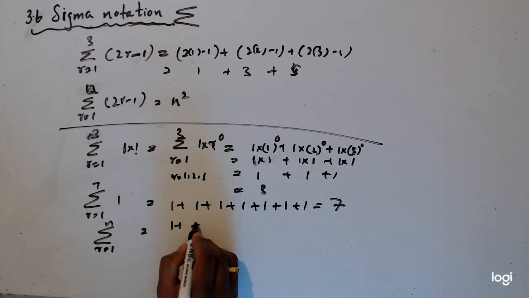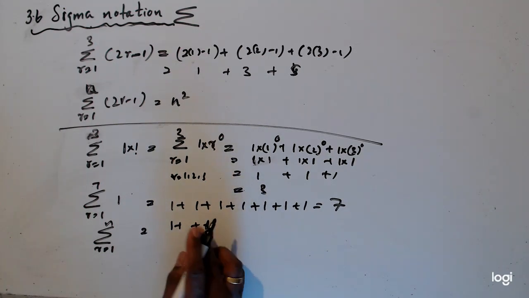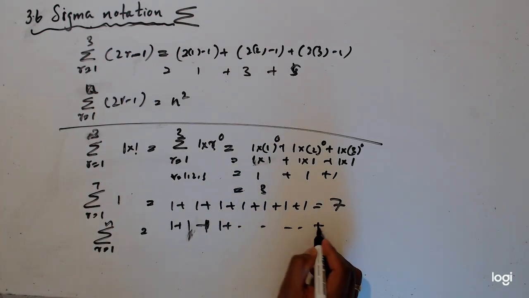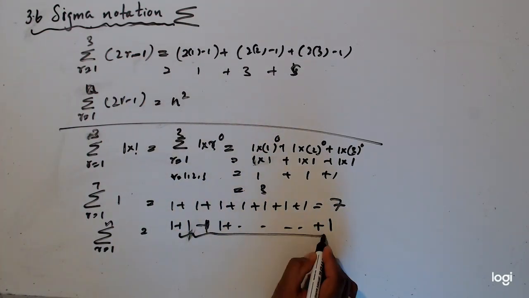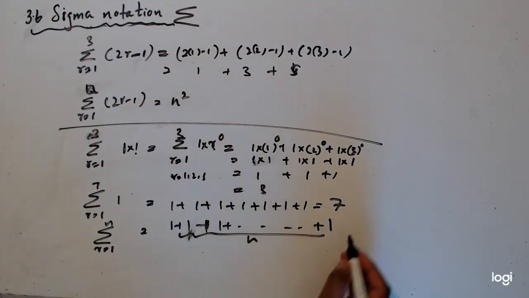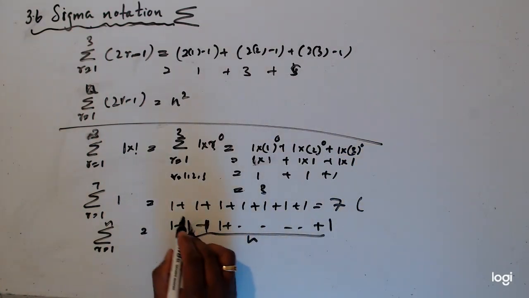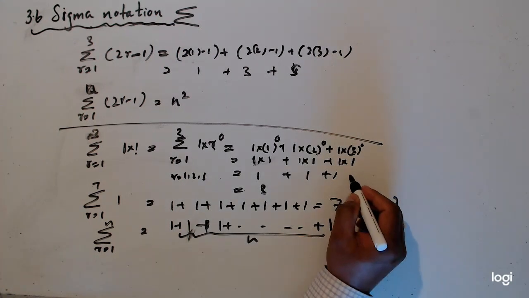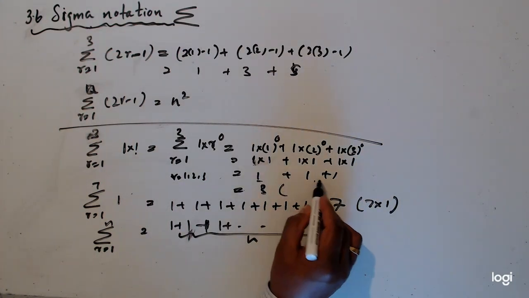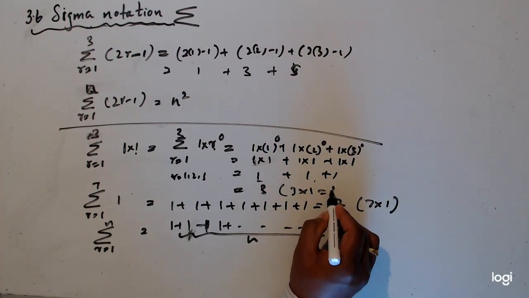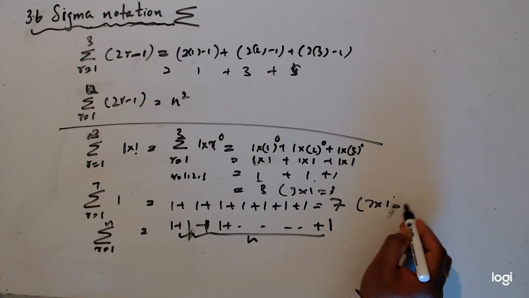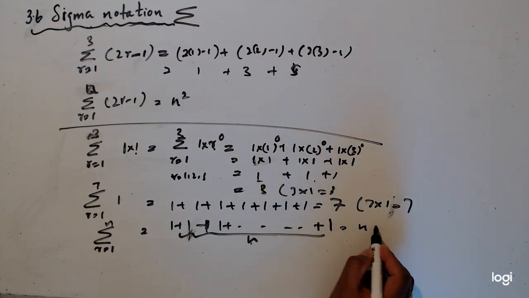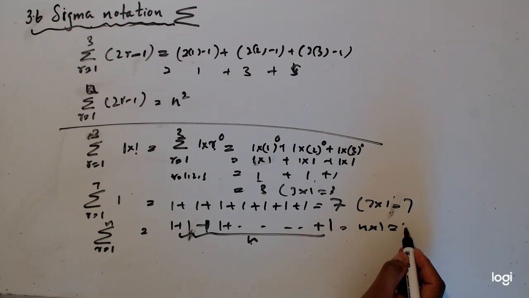Then 1 plus 1 plus dot dot dot plus 1. How many terms? n terms. This is 7 terms of 1 equal to 7, and 3 terms of 1 equal to 3. Likewise this is n terms times 1, equal to n.